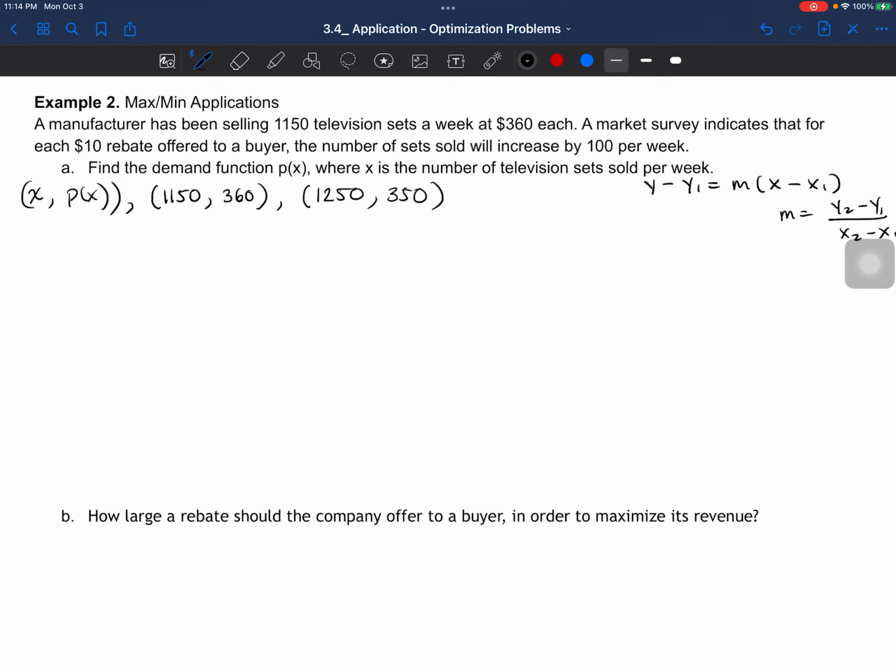So if we try to measure the slope of this, the change of this, this is going to be m equals y2 minus y1 over x2 minus x1. It'll be 350 minus 360 all over 1,250 minus 1,150.